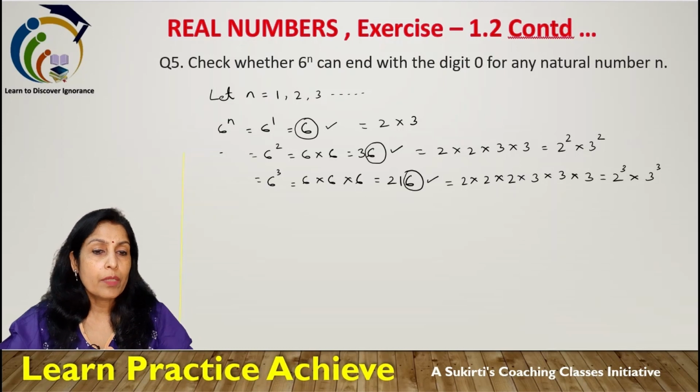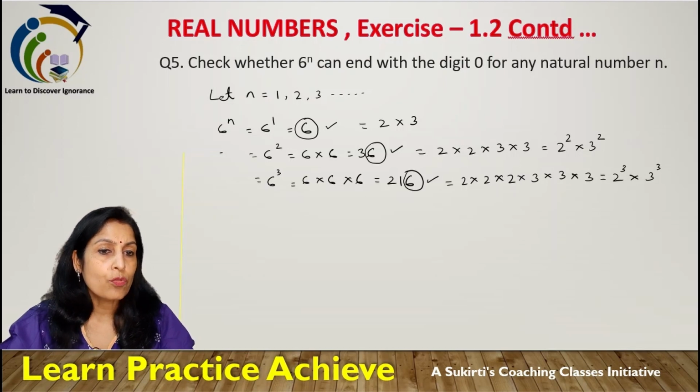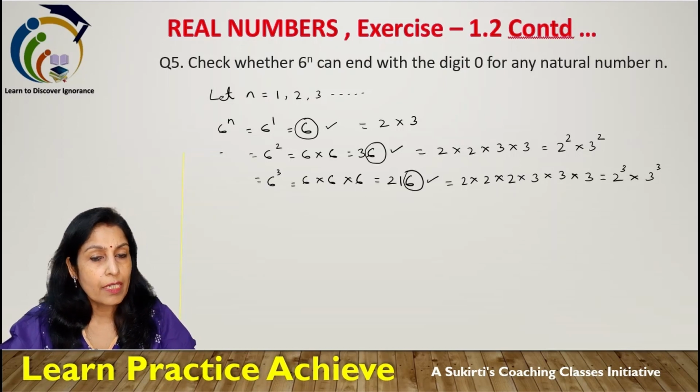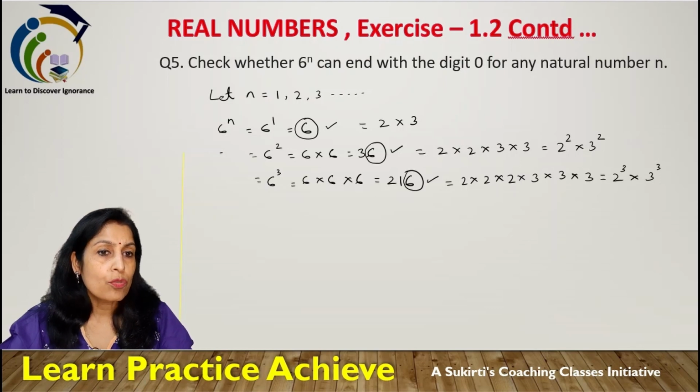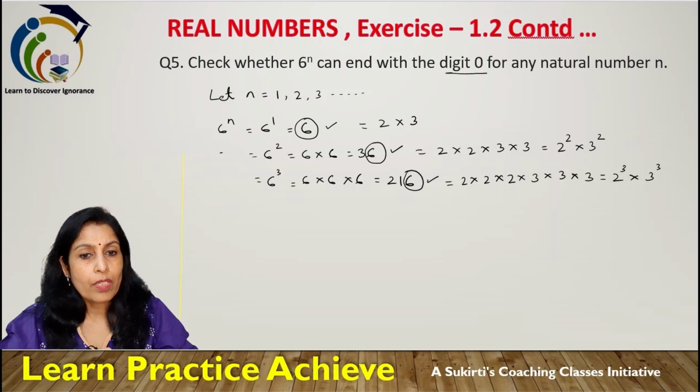It means if the factors are 2 and 3, we will always get the last digit as 6. Okay. So now we have to find out which number we should take so that the last digit will be 0.